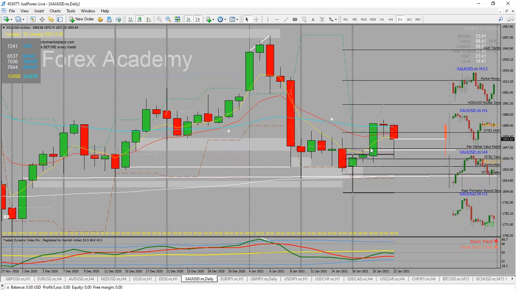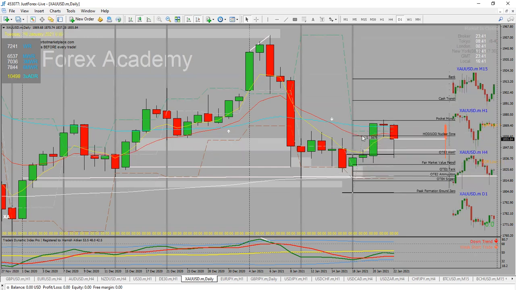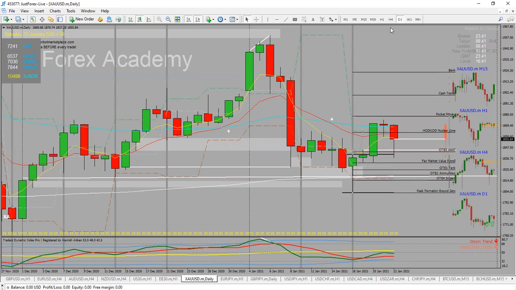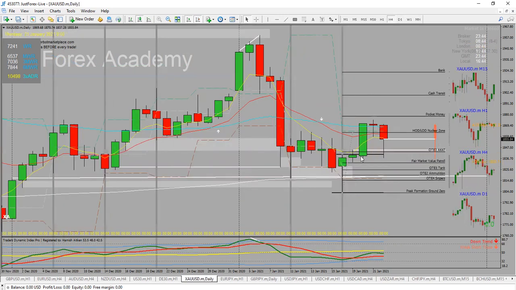I'll be using the week of this candle as my peak formation low, and then because I've now identified the swing lows, let me just identify the last swing that is also valid, which is the swing high. One, two, three, the swing high, which is valid.